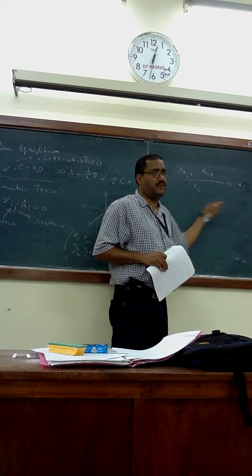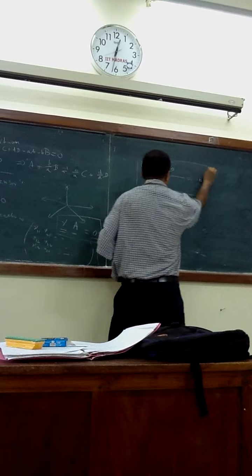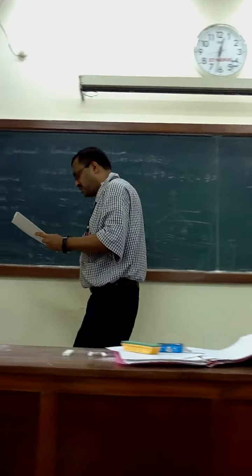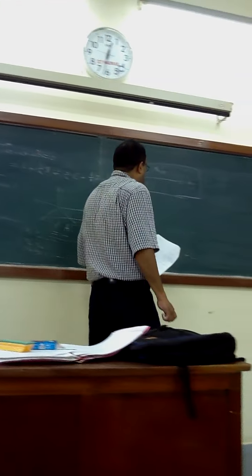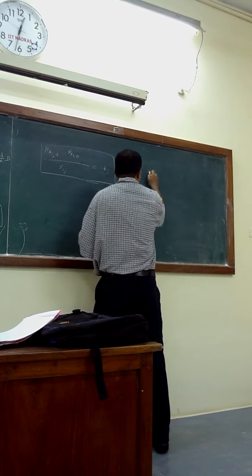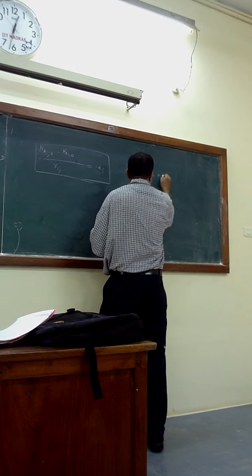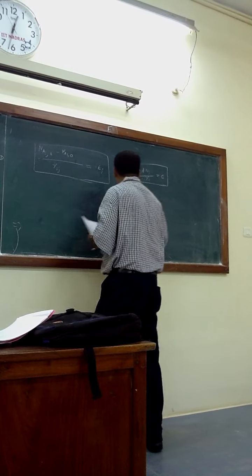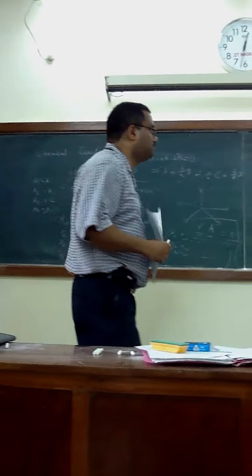This definition is valid for multiple reactions. For a single reaction, you can also write this as dn_i divided by nu_i equals d epsilon, that is, dn_i divided by gamma equals epsilon.